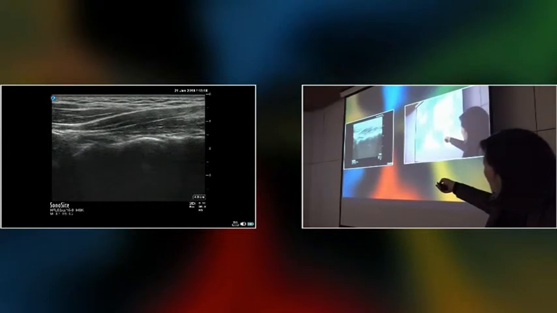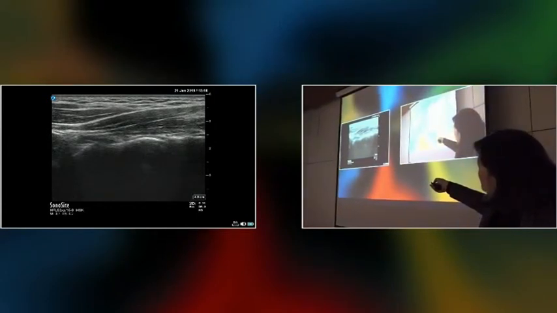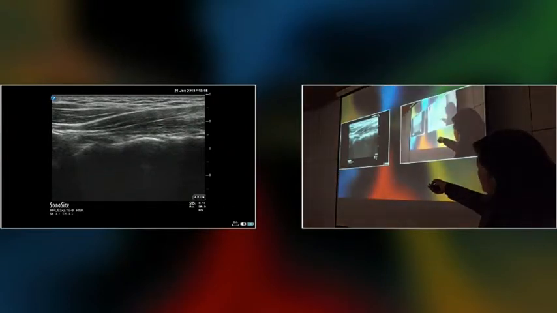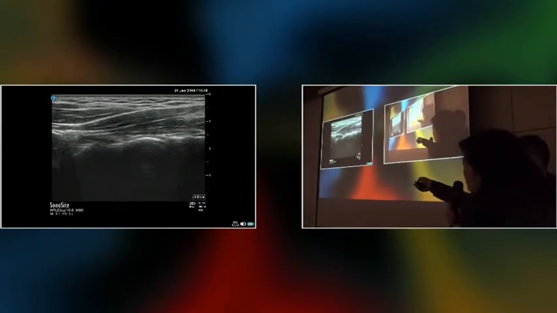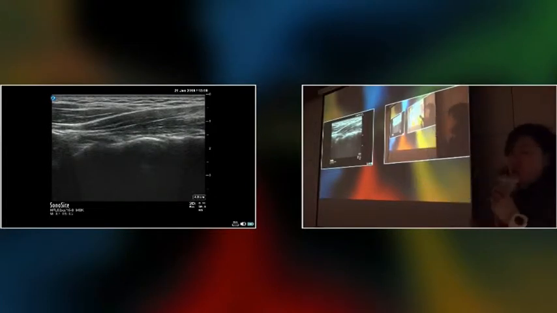And for the third occipital nerve, it's usually here. You can see as a hyperdense area. So usually we block the greater occipital nerve, and sometimes we also would like to block the third occipital nerve as well. And that's also very good.